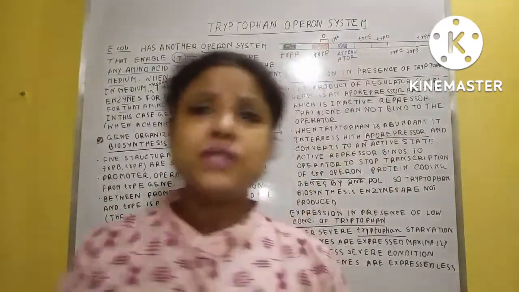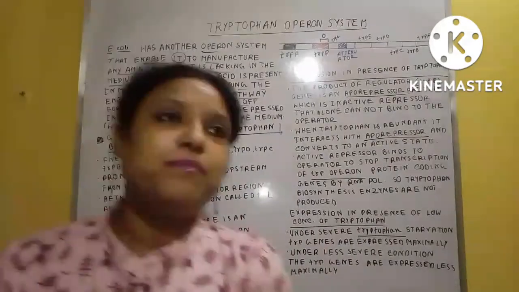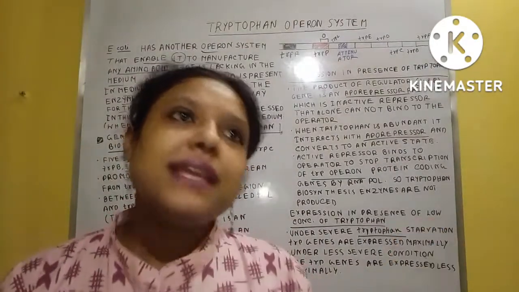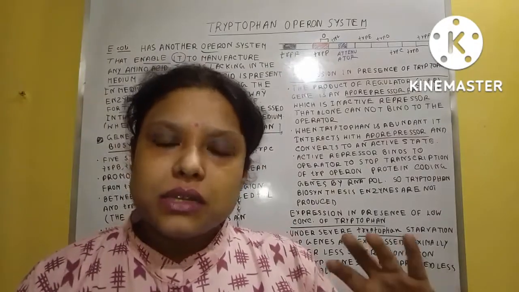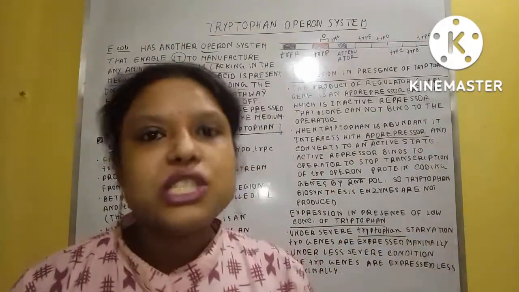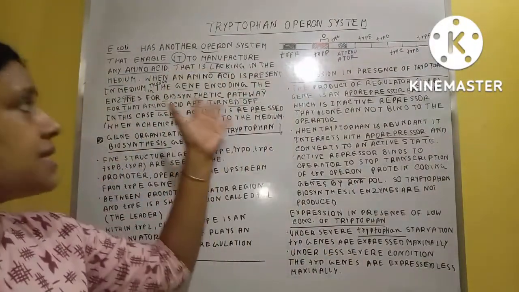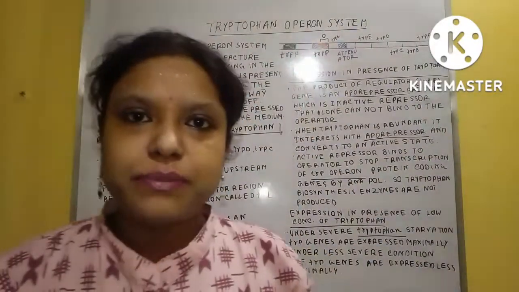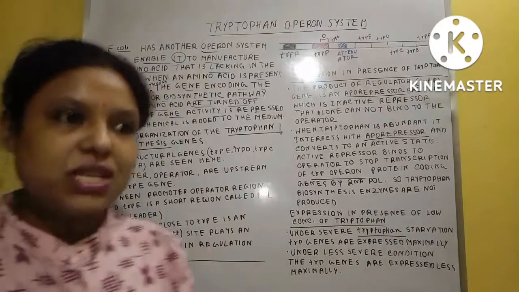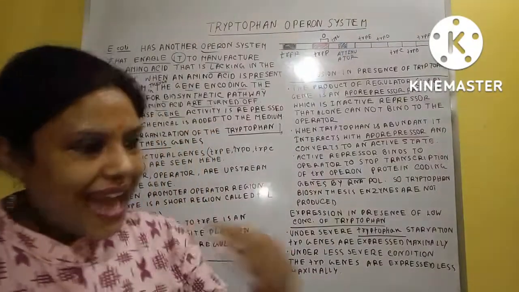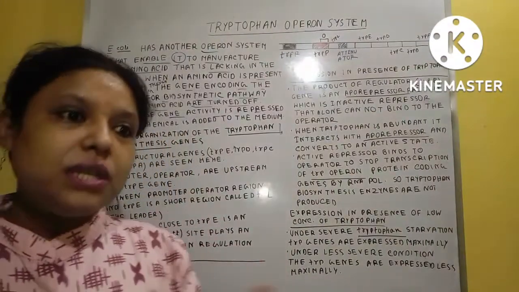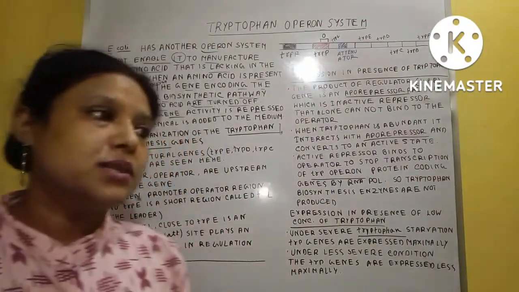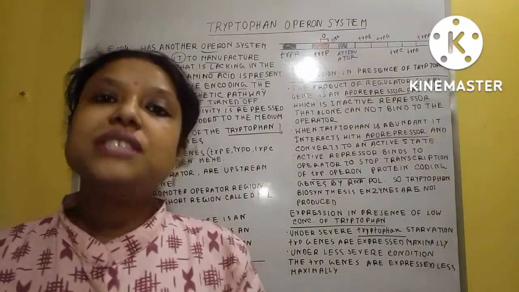In the lac operon system, we have seen that if a chemical is added to the medium, then the transcription process continues. But in this case, that is not possible: if we add any substance or chemical to the medium, then the total gene activity or the translation process totally stops.